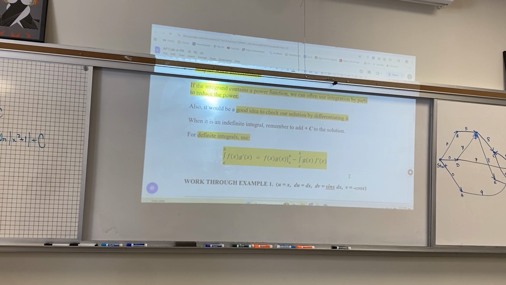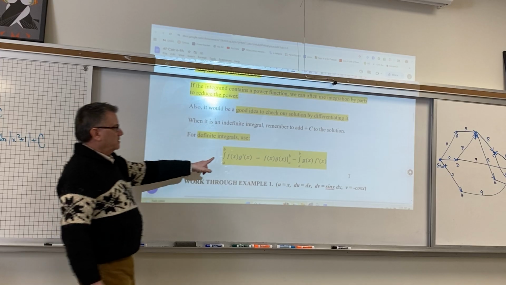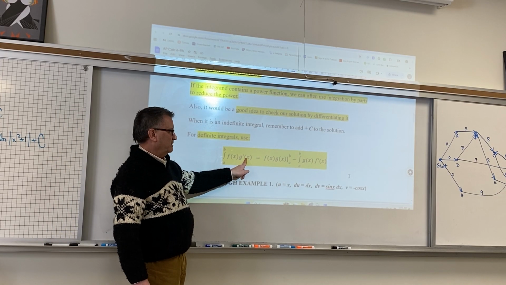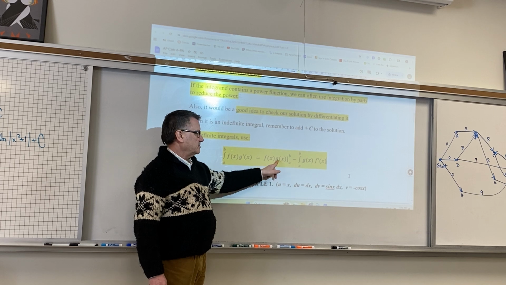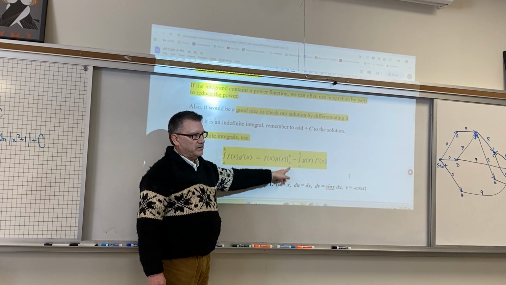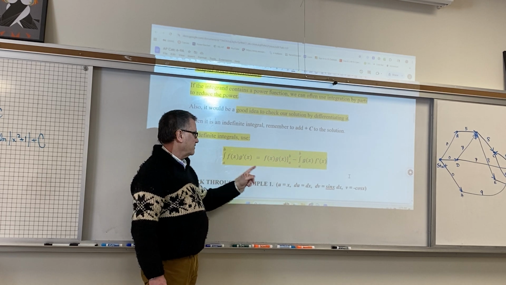If we have a definite integral, I got to do this. I'm going to have to plug it. So I've got f and g here instead of u and v. So this is like u dv, and there's u and v, right? u times v. So I still have to plug in the intervals of integration.